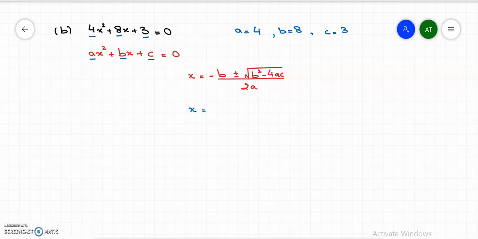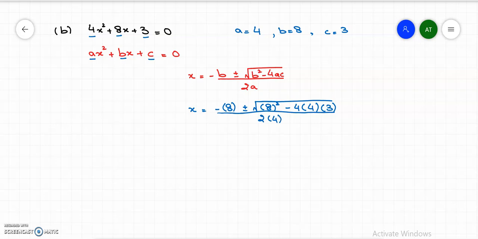So x would be equals to negative of b is 8, plus minus square root b square is 8 square, minus 4 times a times c whole divides 2 times a, that would be 2 times of 4.